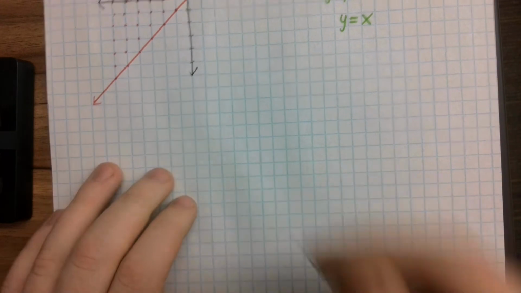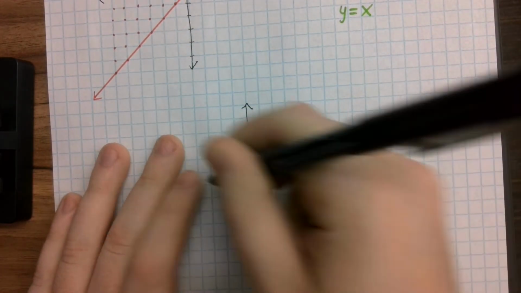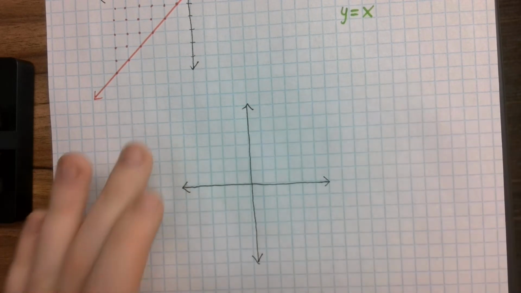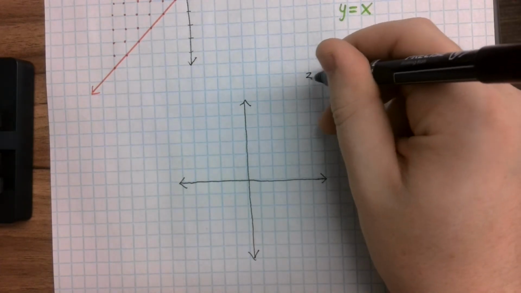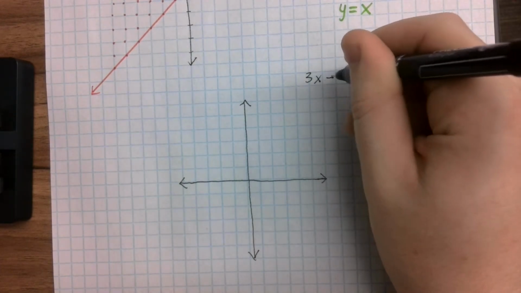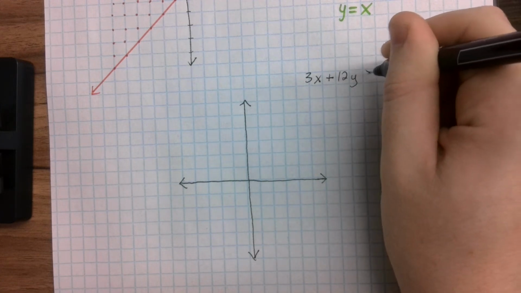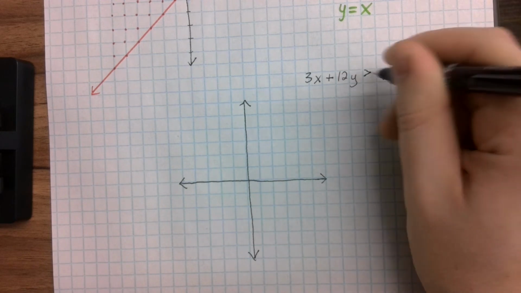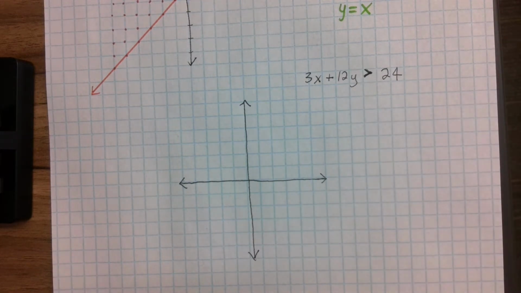Let's do another example, this time with possibly a little bit bigger numbers. So I'm going to make another graph here. Let's do an example here with the inequality 3x plus 12y is greater than, let's do greater than 24.